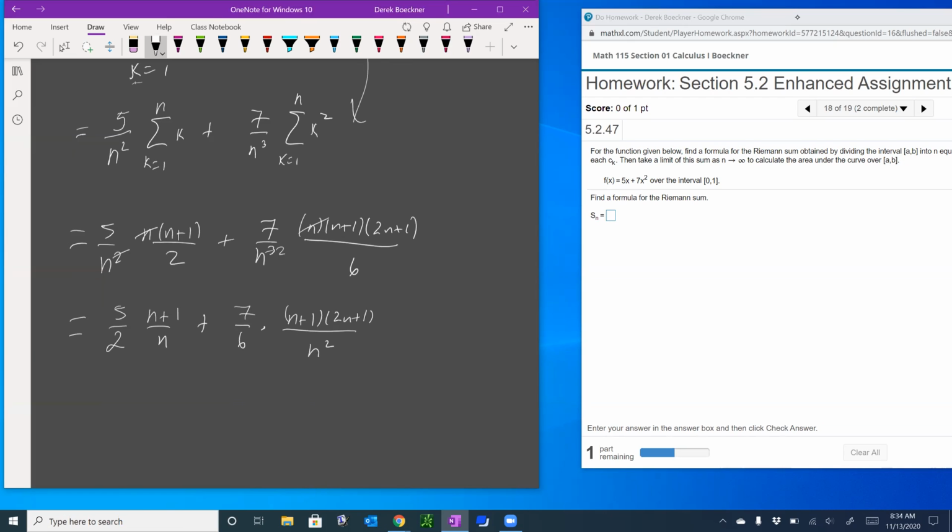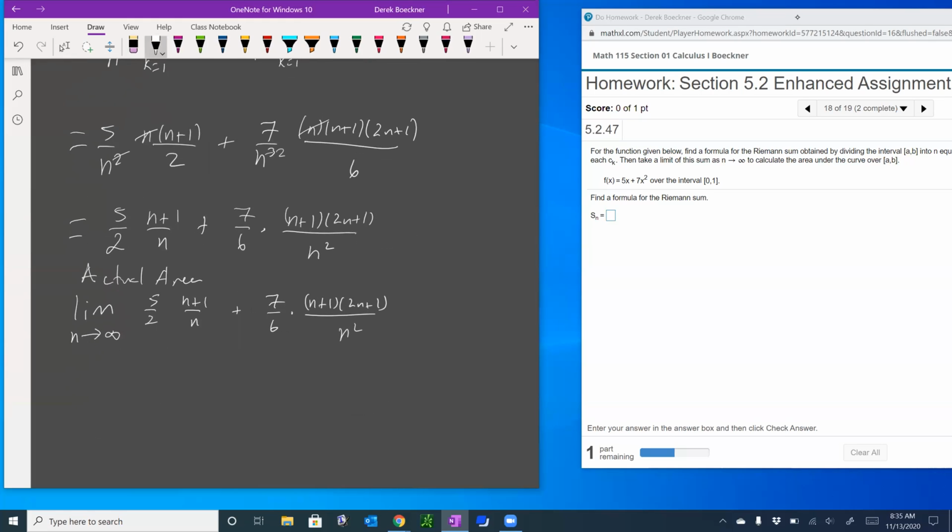And so the limit, or the actual area, is going to be the limit as n goes to infinity of this stuff. And this goes to 1.